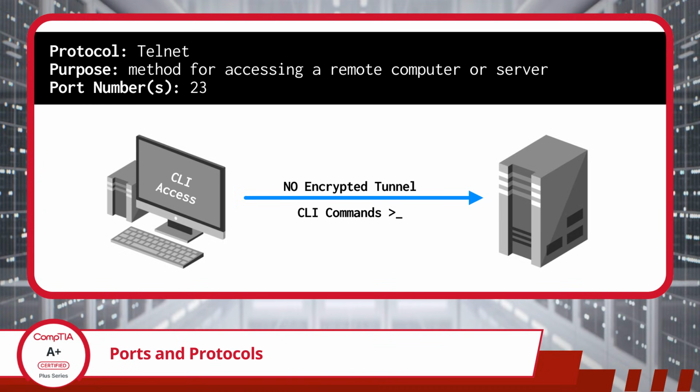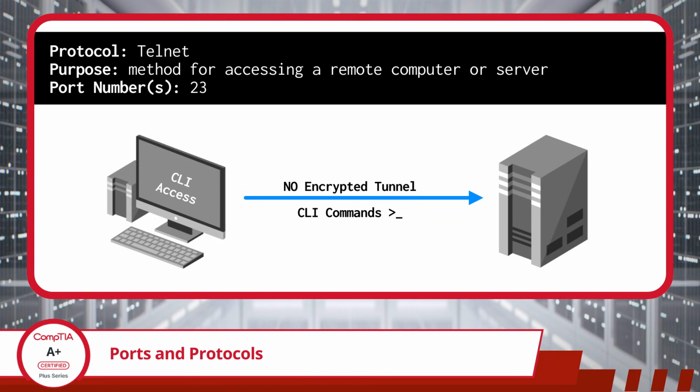Next up is Telnet, a protocol that shares many similarities with SSH, but with a key difference: it lacks security features. Telnet is another method used for accessing remote computers or servers, allowing users to remotely log into another computer over a network and execute CLI commands.